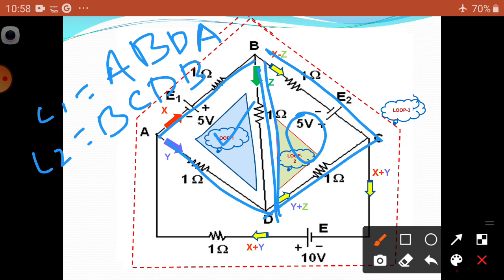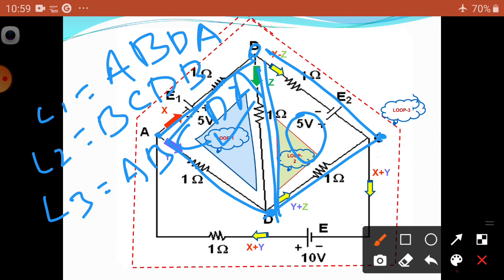And another, L3, is equal to from A, next B node, next C node, next D node, and next A. So, that covers the total nodes.